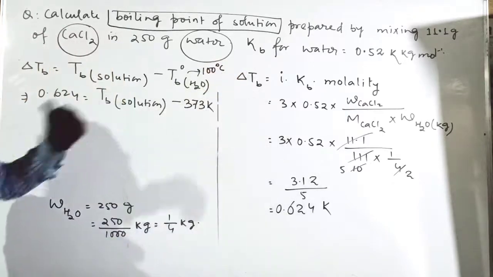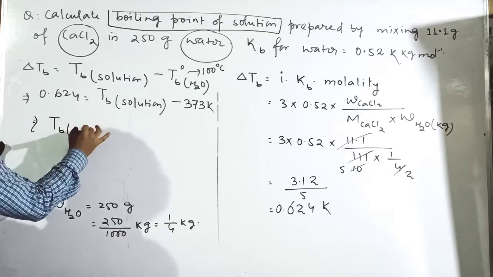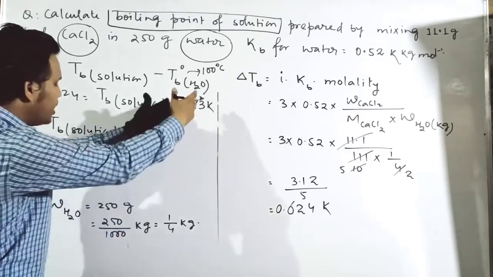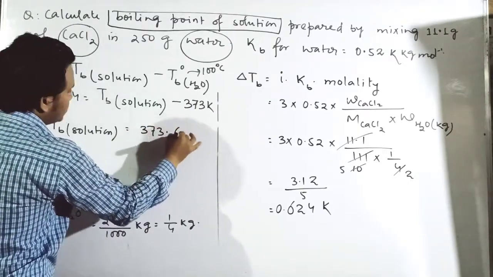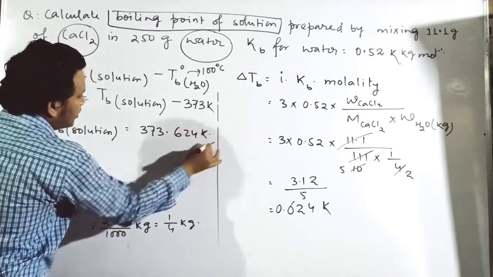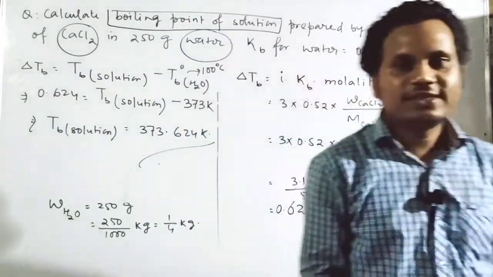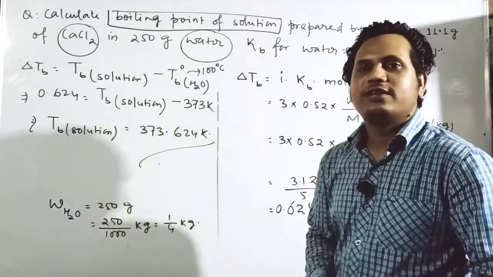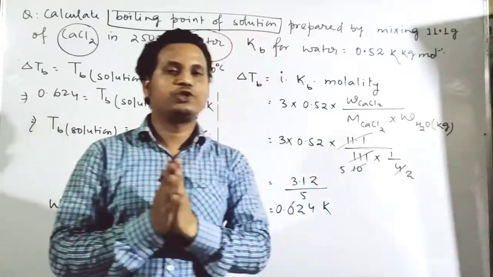If you convert into Kelvin, then this will be there. From here you can find the boiling point of the solution. This is equal to minus coming to this side plus, so 373.624 Kelvin. So this is our final answer. So with this, the lesson solution is finished, and this was the last video, one-third factor and lesson, lecture number 12.